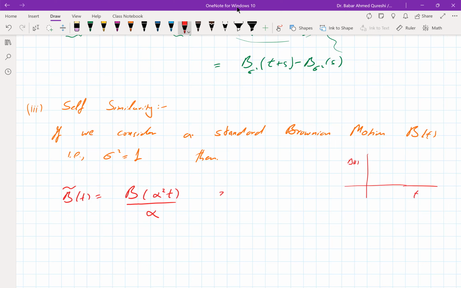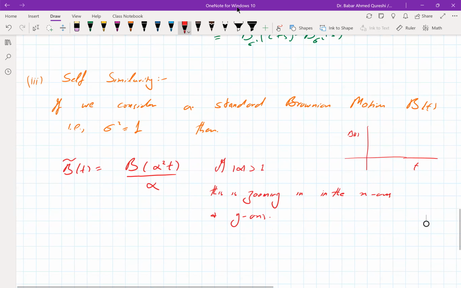So this is zooming, if alpha is greater than 1, in the x-axis and y-axis.